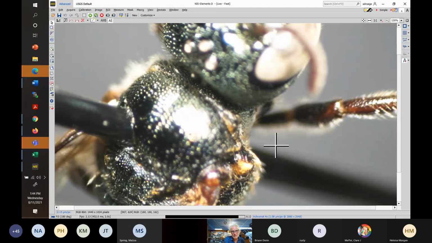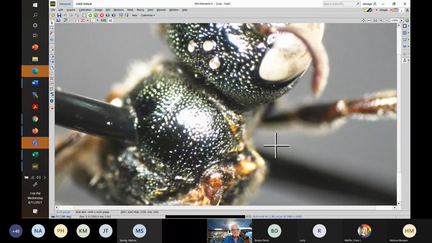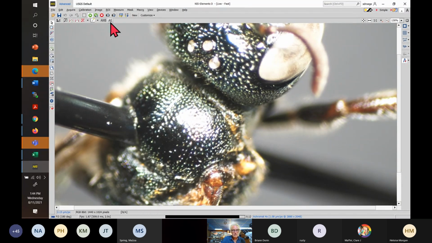So this is the one that probably gives me the most fits. Let me see if I can get this to sharpen up somehow. It does not want to do anything different. I wish I had a better adjuster on this.